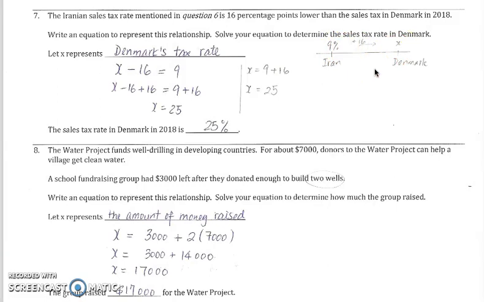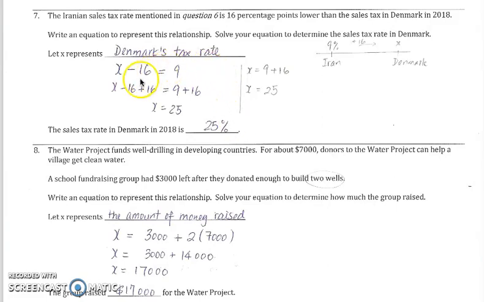We can use an equation to do this, because starting from Denmark's tax rate x, minus, we go back 16 percentage points, then it becomes Iran's percentage. You solve the equation, add 16 to both sides, and you get 25% as Denmark's tax rate.